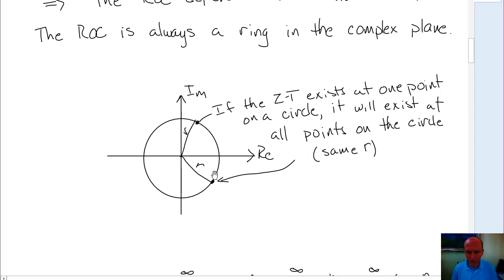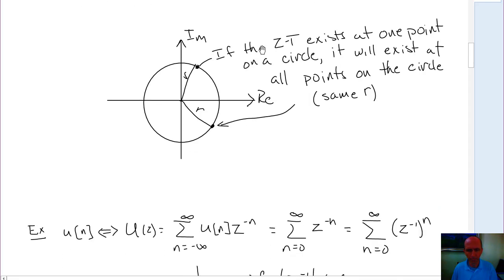If we look at another point down here with the same magnitude, the same r, but a different omega, and it's finite at the first point, it has to be finite here too, because, as we saw, it only depends on r, not on omega. So our regions of convergence, the values where it doesn't go to infinity, are going to be circles or rings in the complex plane.